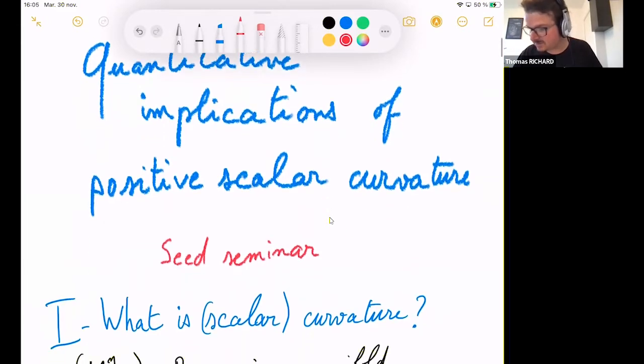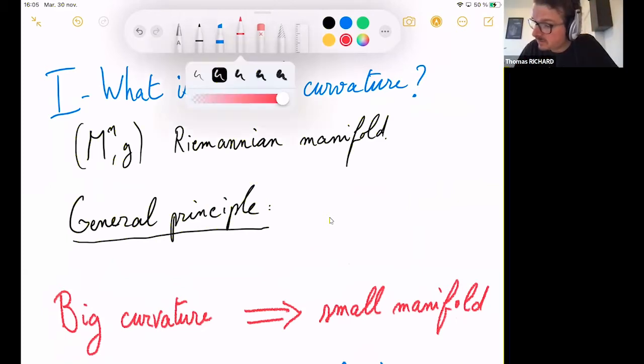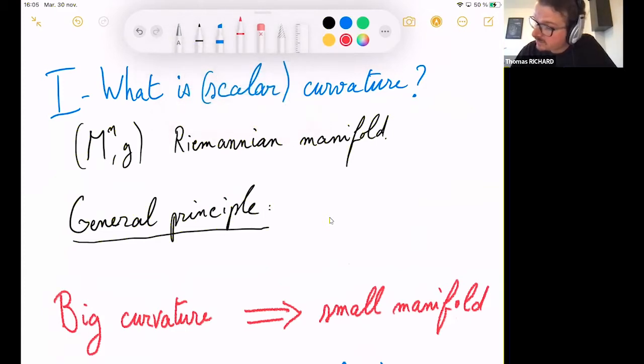Okay, so first, let's try to see what scalar curvature is. Let's start with a Riemannian manifold. Let's recall that on a Riemannian manifold, you have the metric g, which is an inner product on each tangent space.